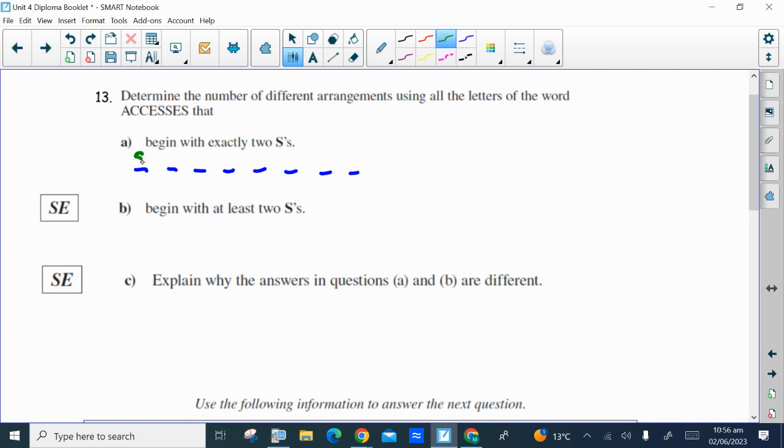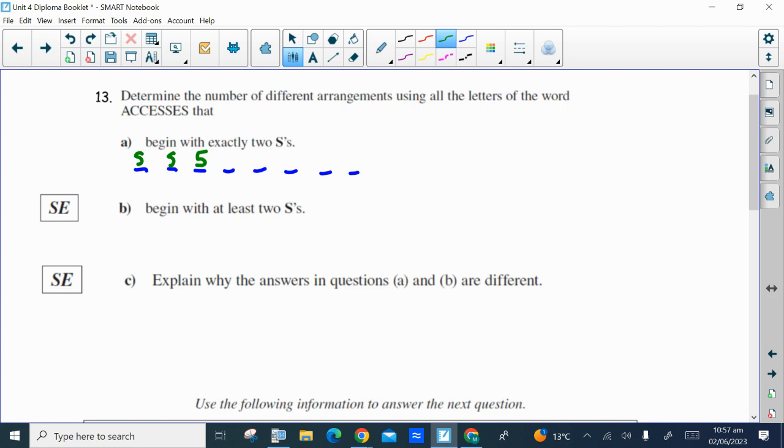So we have to have an S and an S. Now the next letter cannot be an S. All right, there are 3 S's altogether. We've taken 2 of them already, so now we're down to 6 letters. But the next letter cannot be an S, so now we have 5 choices.